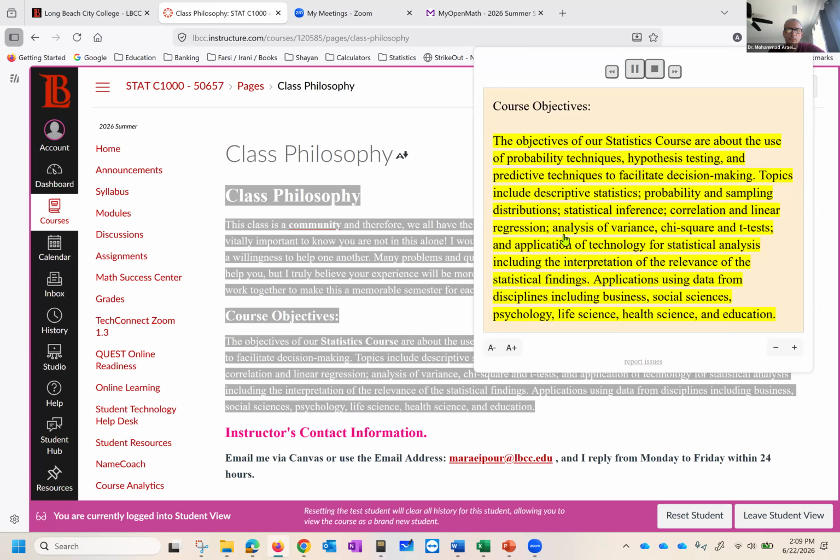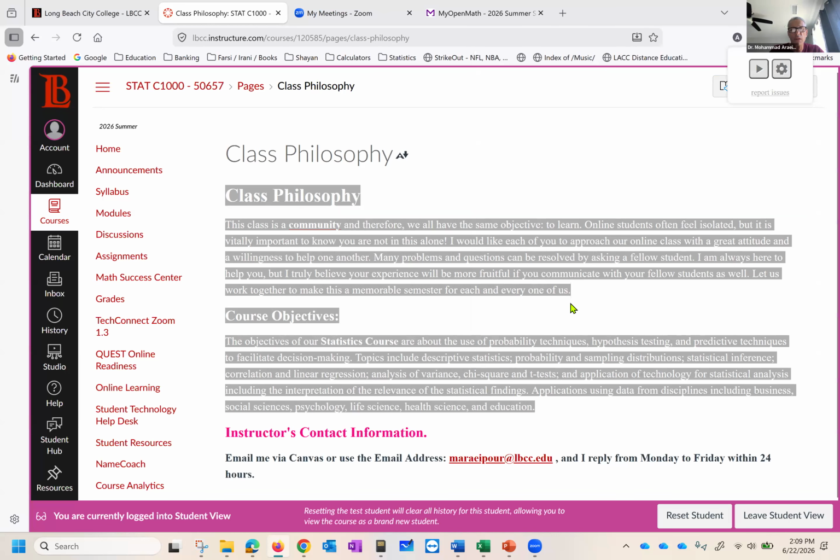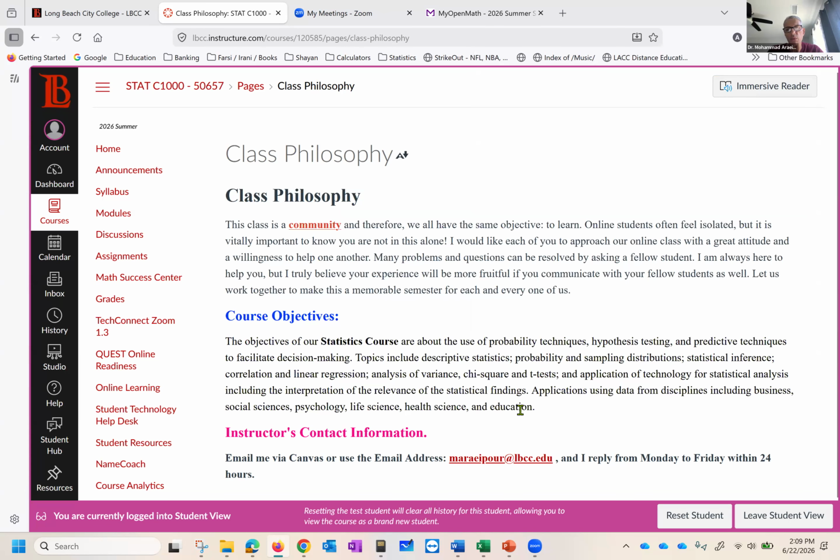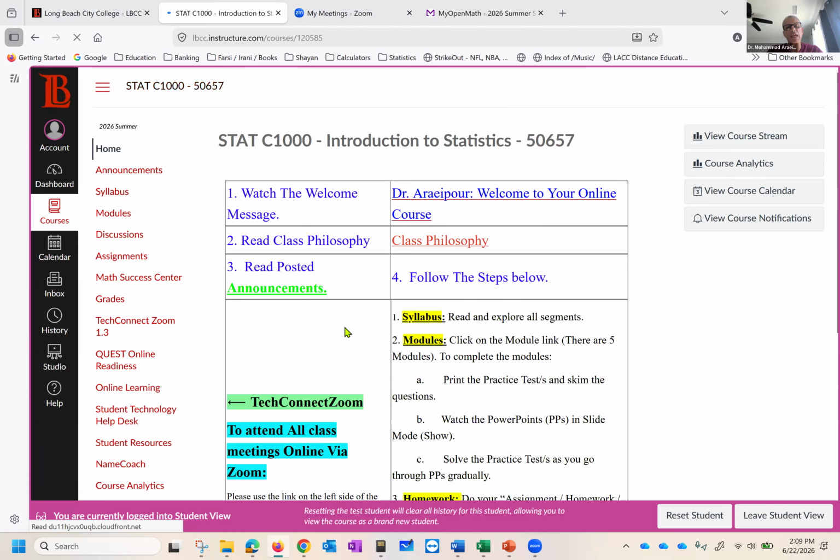Applications using data from disciplines including business, social sciences, psychology, life science, health science, and education. And of course, you have my contact information, the email address, mripur@lbcc.edu, and I'm going to go back to the homepage of Canvas.